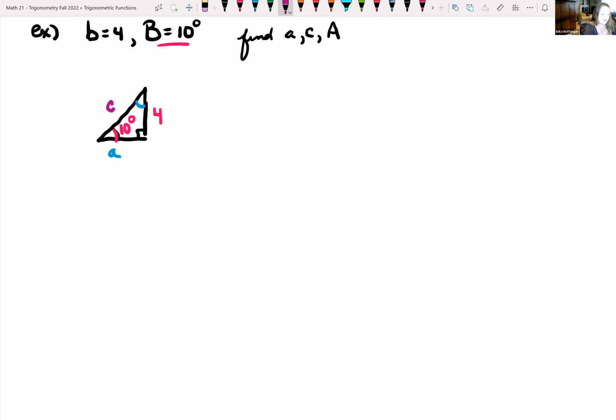So if angle B is 10 degrees, angle A is 90 degrees minus 10, or angle A is equal to 80 degrees.